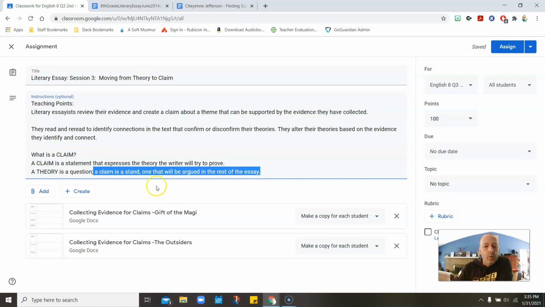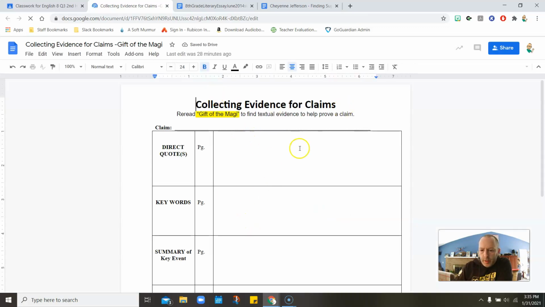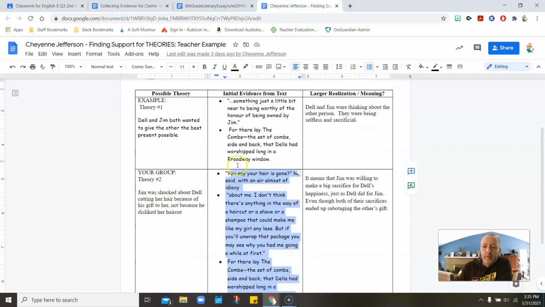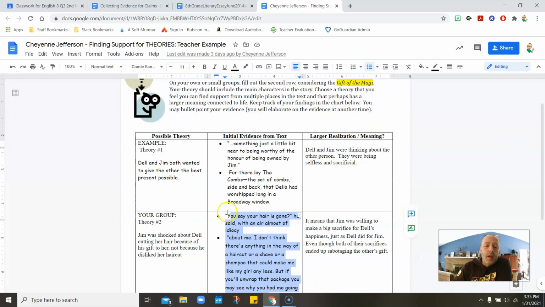All right. So what I've put up here is the page that you just saw me have. You're going to write your claim for The Gift of the Magi. This is practice for The Outsiders. So you're going to go back to your theory, and this is Cheyenne's theory that I'm just using as an example.